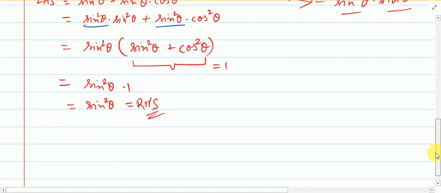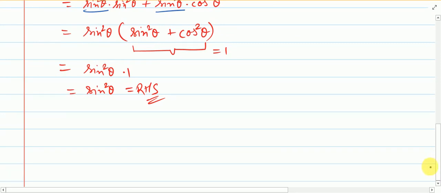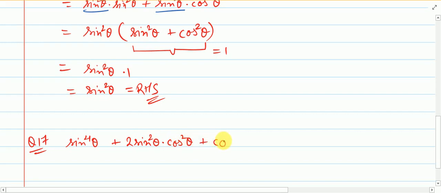And now let us see question number 17. So here question number 17 is sine to the power 4 theta plus 2 times sine square theta into cos square theta plus cos to the power 4 theta is equal to 1. Okay.